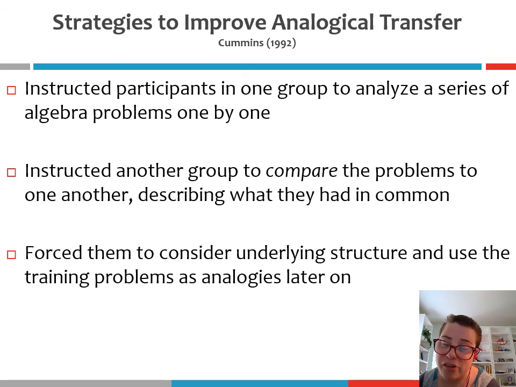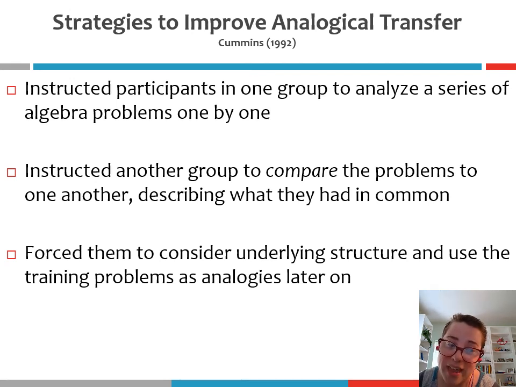And what they found is that when participants were given new problems later on, those who had been forced to consider what the problems had in common, because they were thinking about the underlying structure of the problems, right? So they were ignoring the surface features and rather focusing on how the problems might be solved.